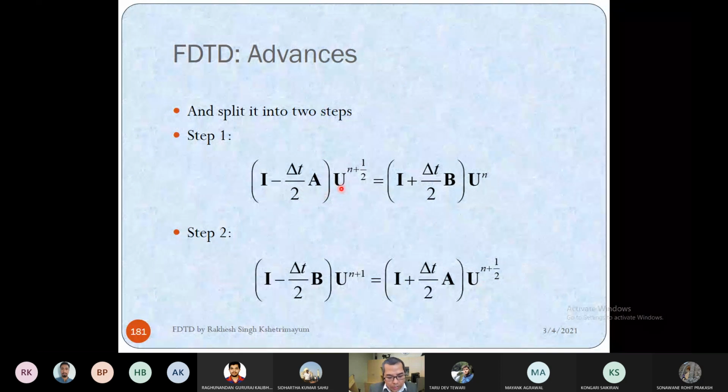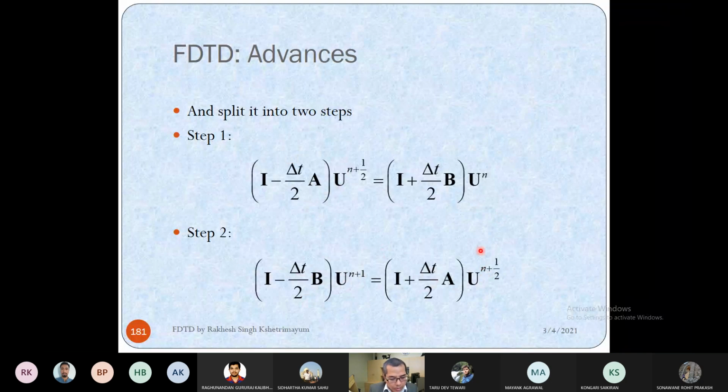And with U^(n+1/2), which I found from the first step, in the second step I find U^(n+1). So U^(n+1/2) times (I plus delta t by 2 A) is equal to U^(n+1) times (I minus delta t by 2 B). So this is a two-step process. This half step plus this half step becomes a full step.